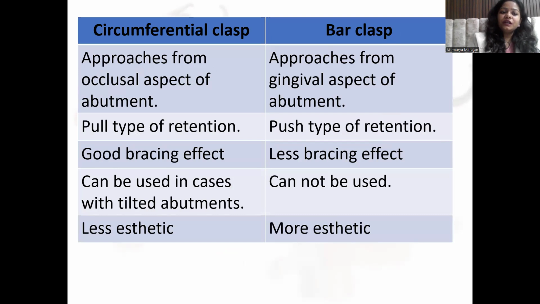The circumferential clasp has a pull type of retention, whereas the bar clasp has a push type of retention. Circumferential clasp provides good bracing effect, while bar clasp provides less bracing effect. Circumferential clasp can be used in cases with tilted abutment, whereas bar clasp cannot be used in such situations. But the bar clasps are more aesthetic as compared to circumferential clasps.